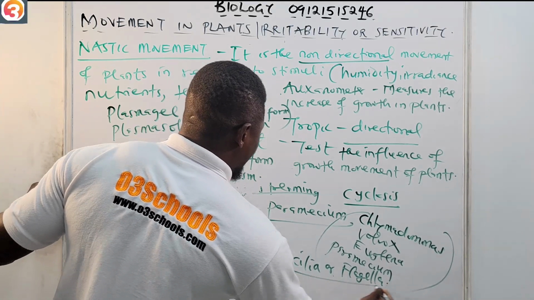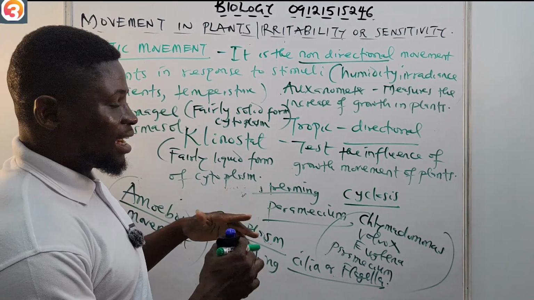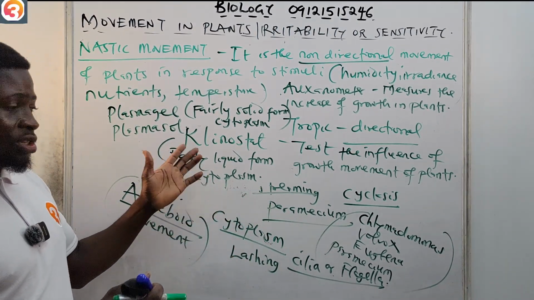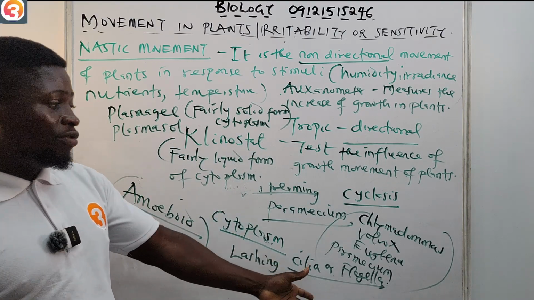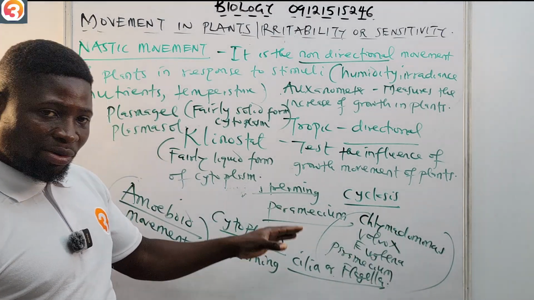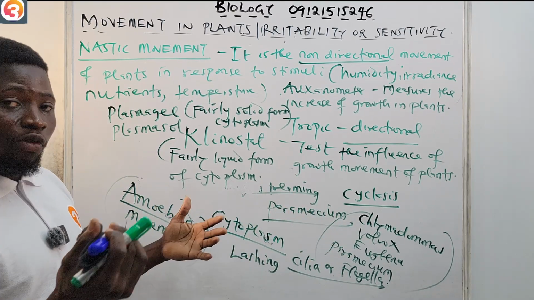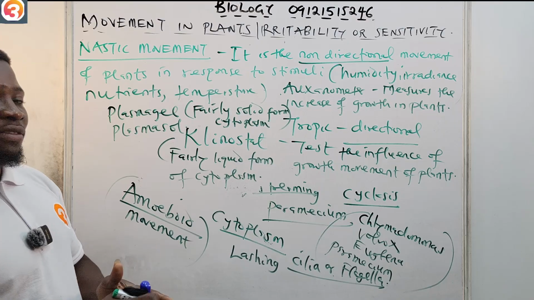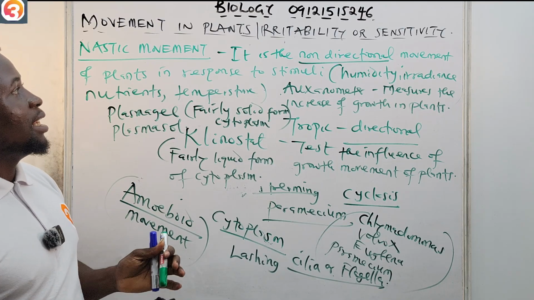Please take note of that. So we have talked about different forms of movement that can be seen: protoplasmic streaming, amoeboid movement, and the movement of some of these organisms, Chlamydomonas, Volvox, Paramecium and Euglena. They move by lashing their flagella or cilia. Okay, so that is that for movement in plants.